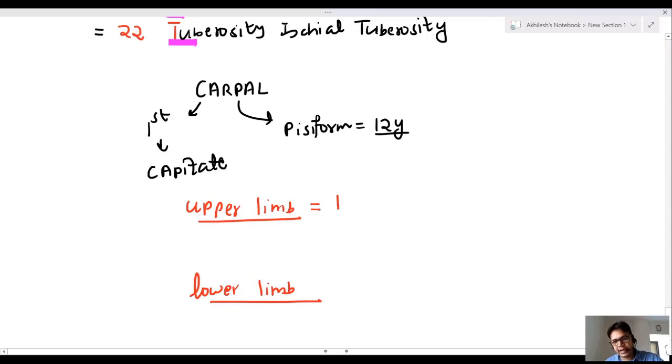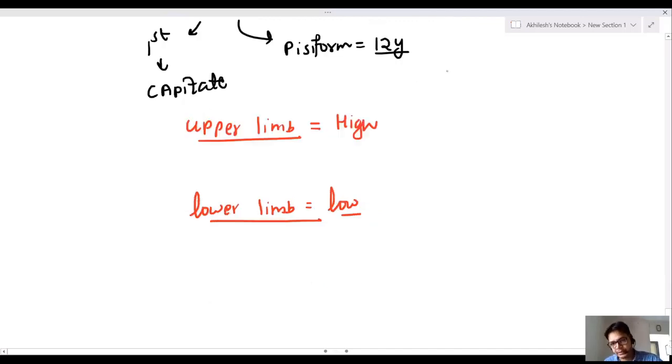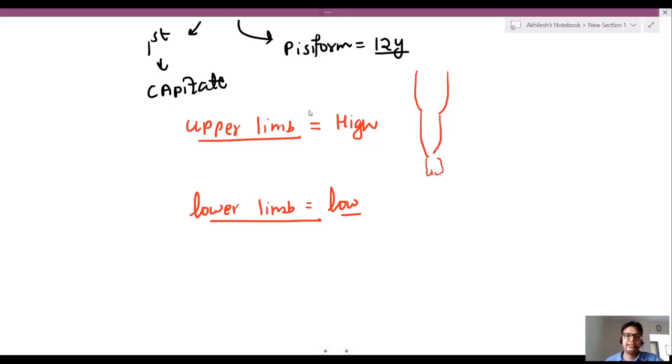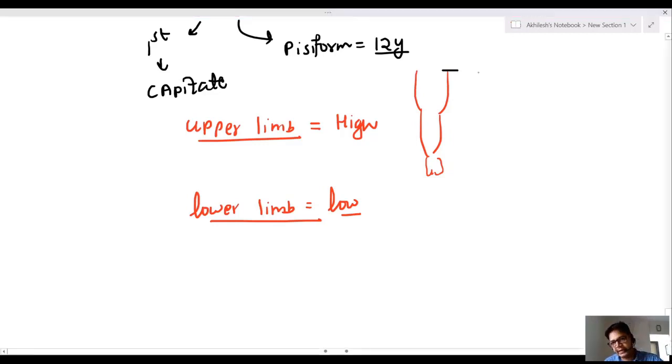Upper limb you will start with high, and lower limb you start with low. This is upper limb. This is the shoulder. This one starts with high: 18 years, 16 years, 18 years.